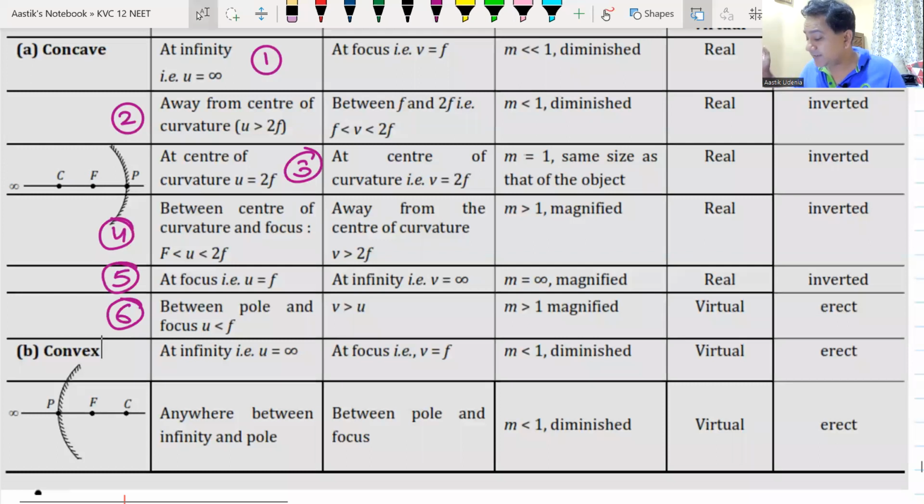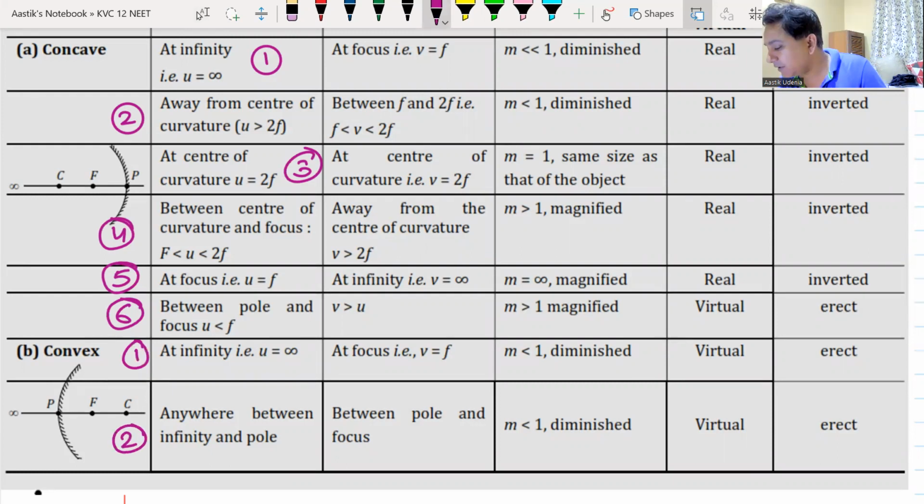One position is infinity, and the second position is anywhere between infinity and the pole of the mirror. So convex mirrors is very simple, only two positions. Concave mirror, you have six different positions, and I would request you to do all these six positions and find out what type of image is formed and where, because a question based on this is going to come.